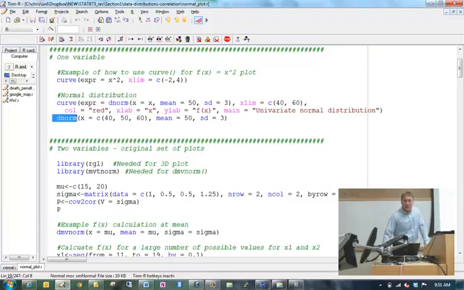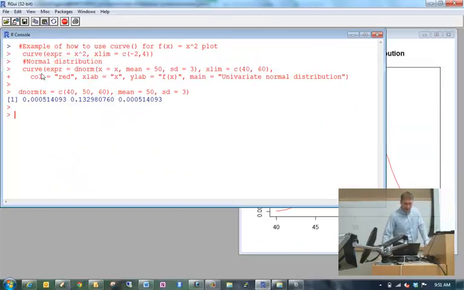You could also just simply use the dnorm function like this, just to illustrate. Suppose I want to evaluate f of x for my normal density at 40, 50, and 60. And notice what I get. At 50, I get an f of x of 0.132.